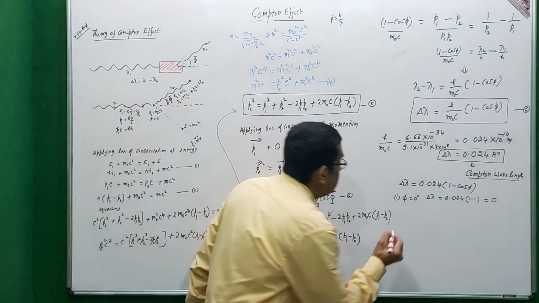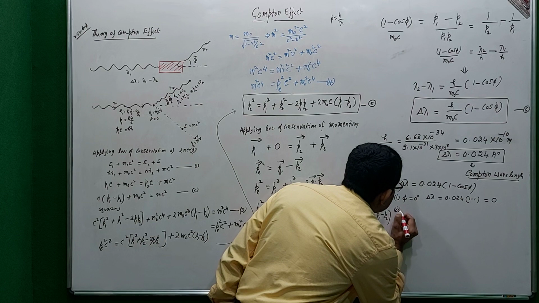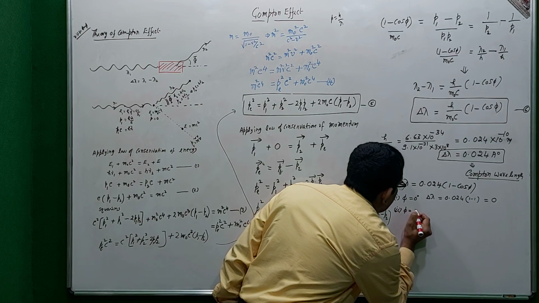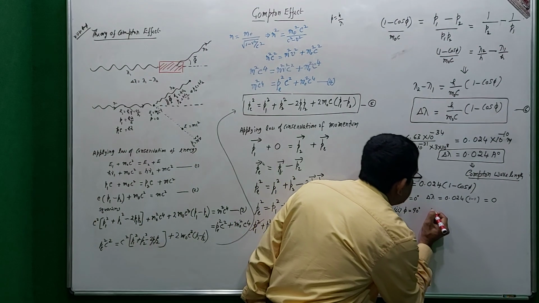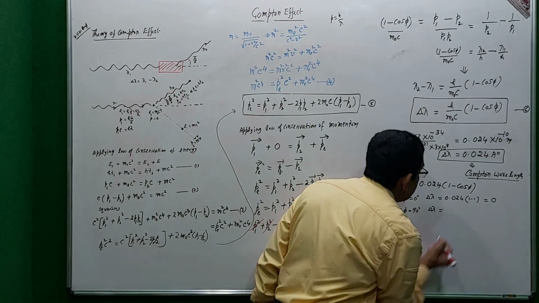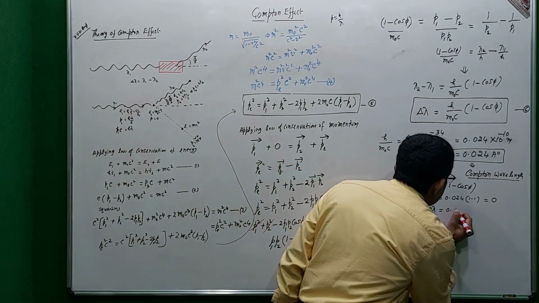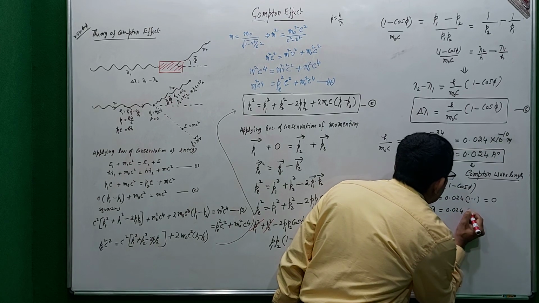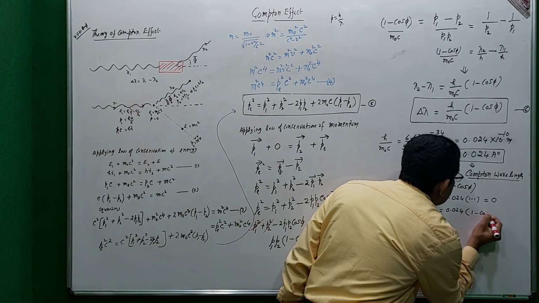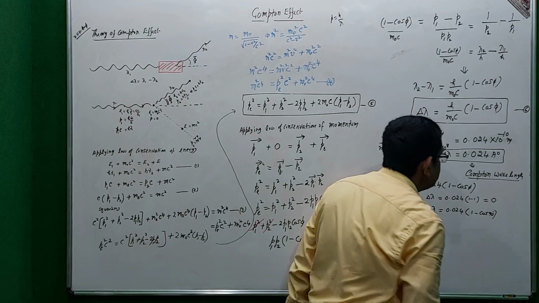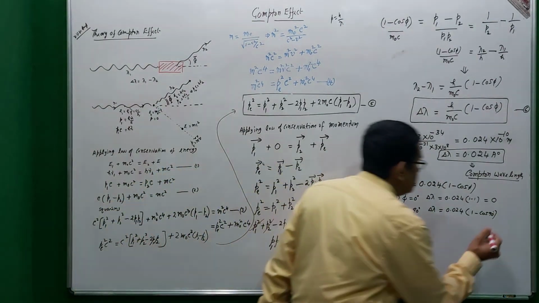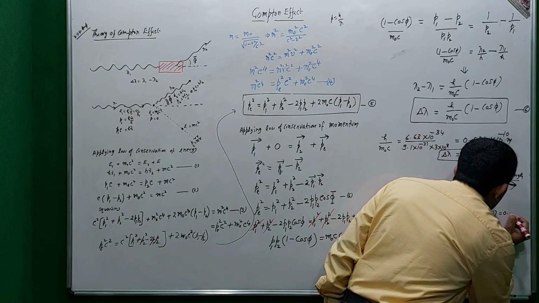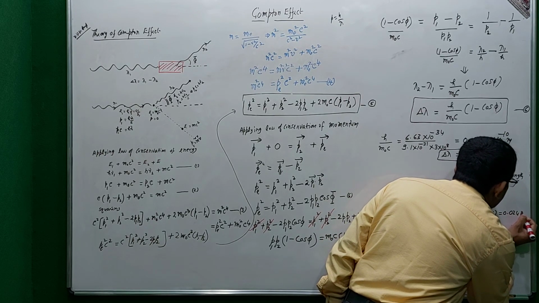Let us assume the second case, when phi equal to 90 degree. The value of delta lambda equal to 0.024 into 1 minus cos 90 degree. What is cos 90? Cos 90 is equal to 0, and that means delta lambda equal to 0.024 angstrom.